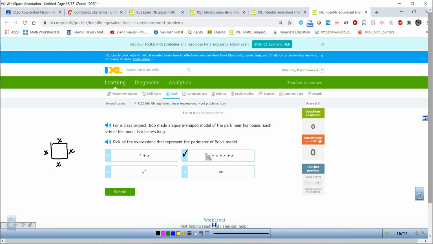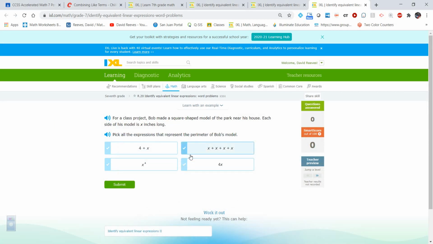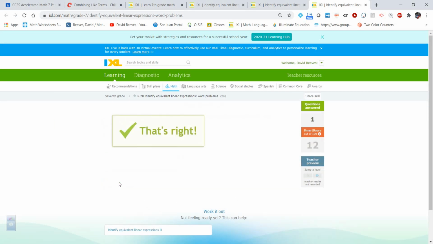So that's going to be x plus x plus x plus x, but what does that equal? That equals 4x. It does not equal 4 plus x, and it does not equal x to the 4th power. By the way, x to the 4th power would be x times x times x times x, not them added together. So we're looking at those two.